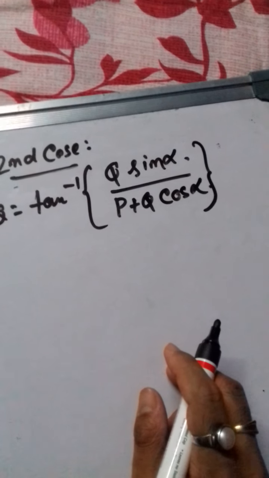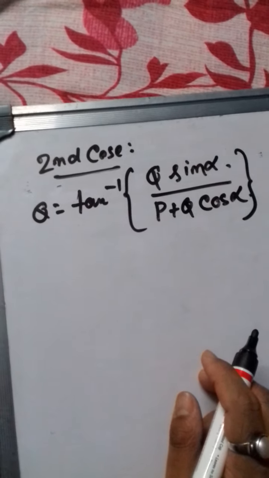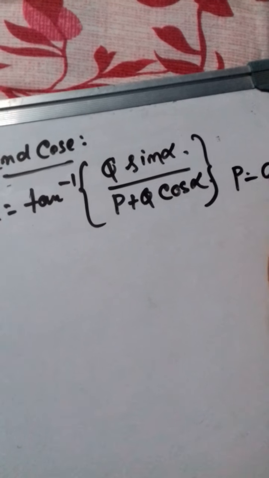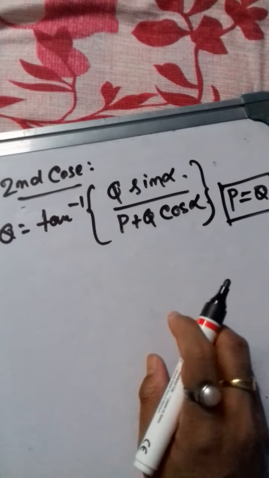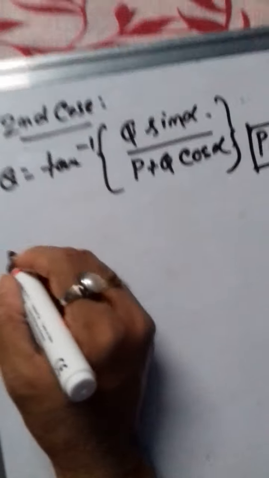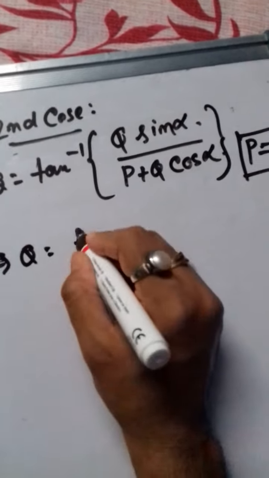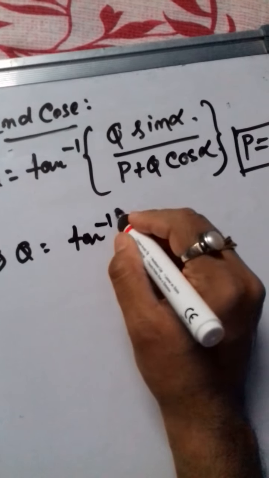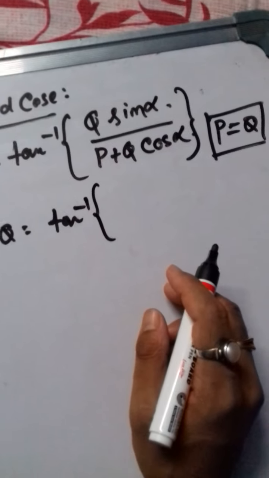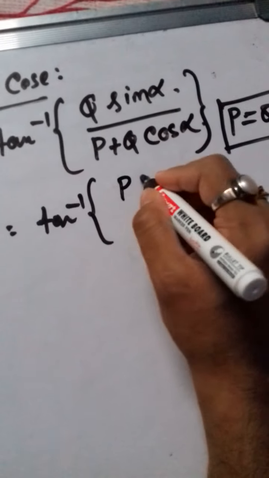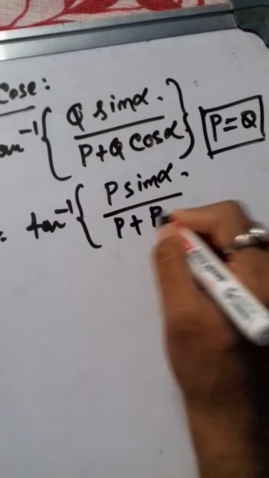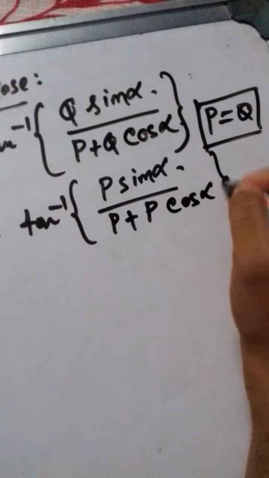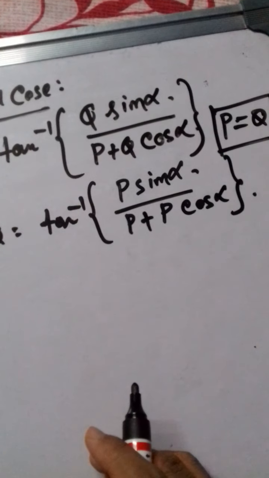Now we know that both the forces are equal, that is P is equal to Q, and they are acting at an angle of alpha between them. So theta is equal to tan inverse of P sine alpha divided by P plus P cos alpha, right?